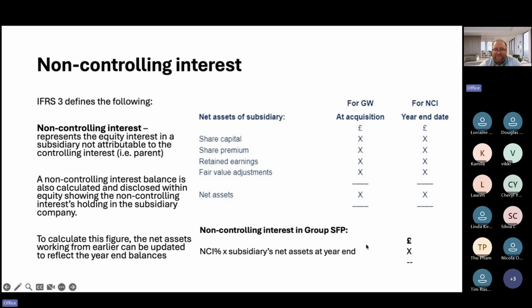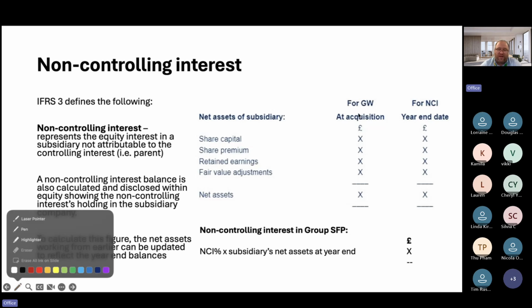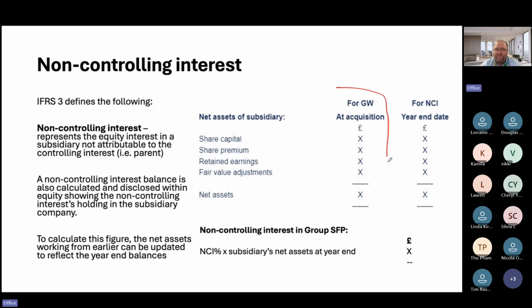Now to calculate the figure, the net assets working from the previous slide can be updated to reflect the year-end balances. So what we did on the last slide was this bit, that acquisition.